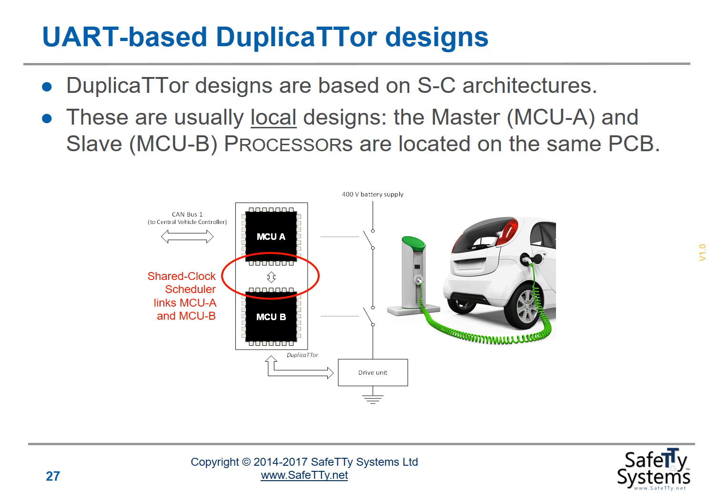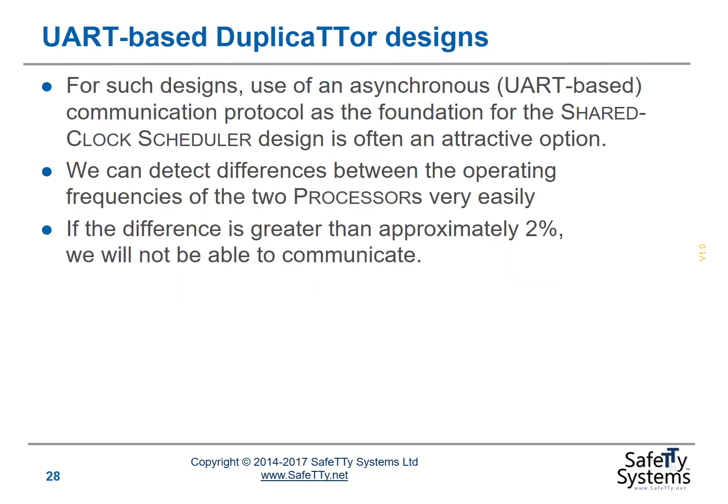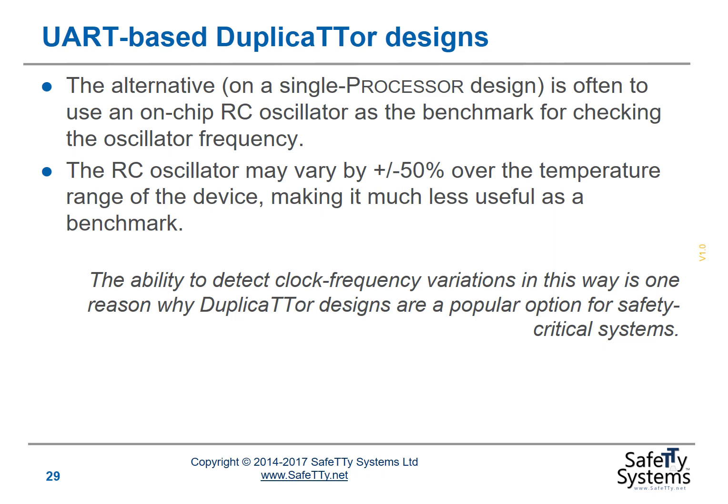If we only have a single processor and we're using an RC oscillator as a benchmark, then we may not be able to detect variations in the oscillator frequency of much less than 50%. This is one reason why duplicated designs involving a couple of processors with cross-checks are popular in safety-critical systems.